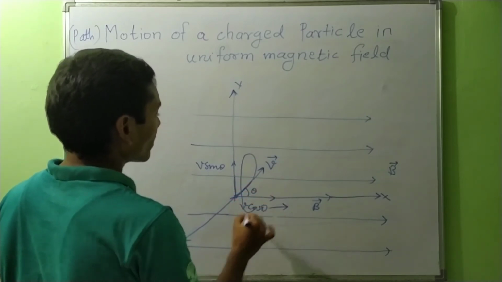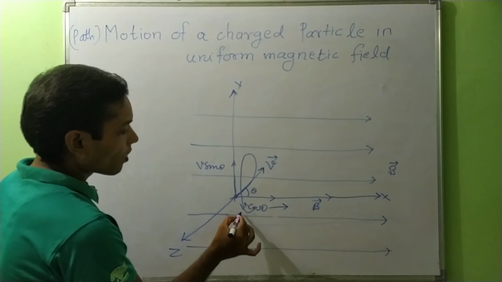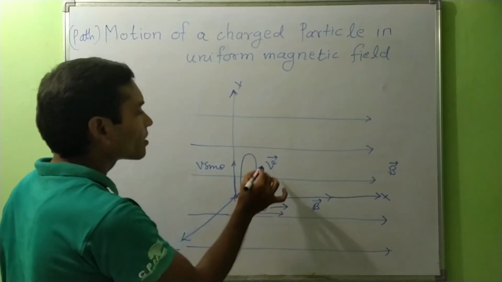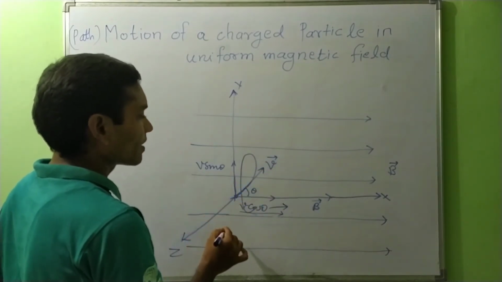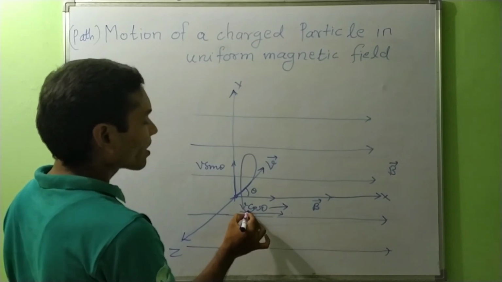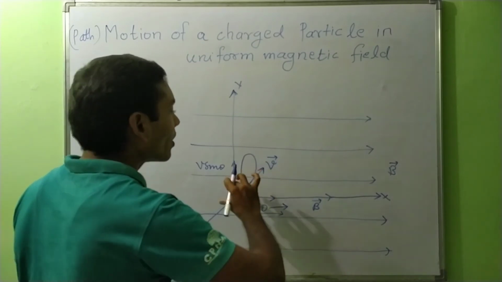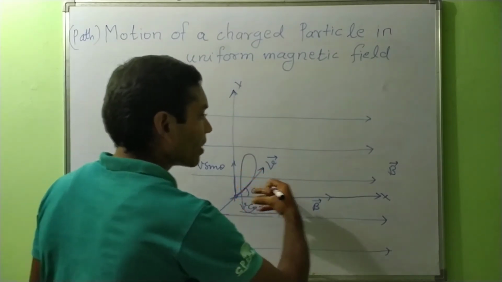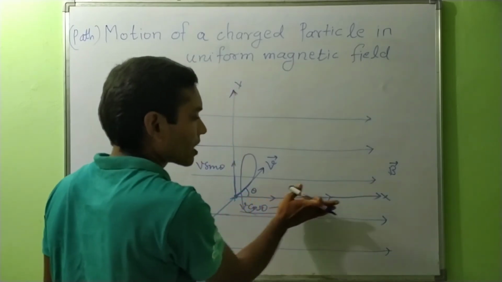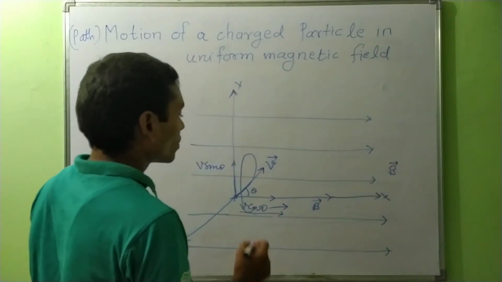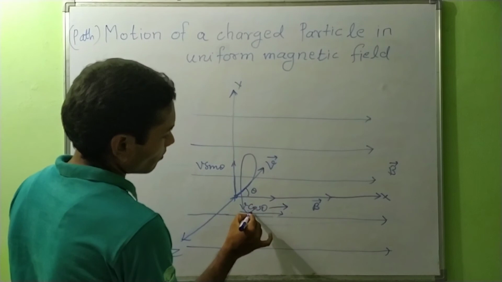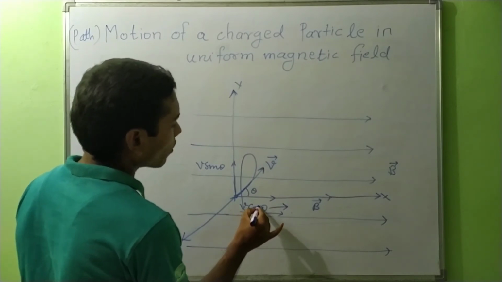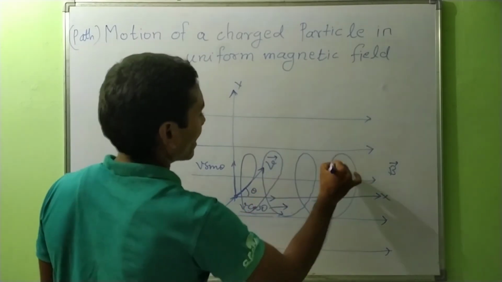Okay. And due to this horizontal component of the velocity of the charged particle, this horizontal component will pull the charged particle along the direction of magnetic field. So the path or the motion of the charged particle is like that.